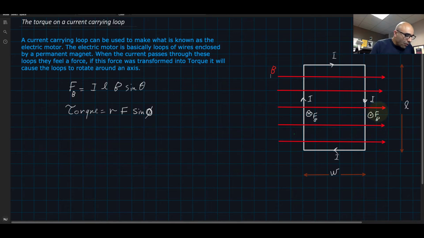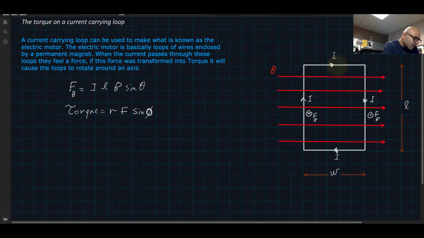Okay? Now let's see what happens on the upper part and the lower part of the loop. The upper part has the current going in this direction and the magnetic field in the same direction, so they're parallel. The angle between them is 0.